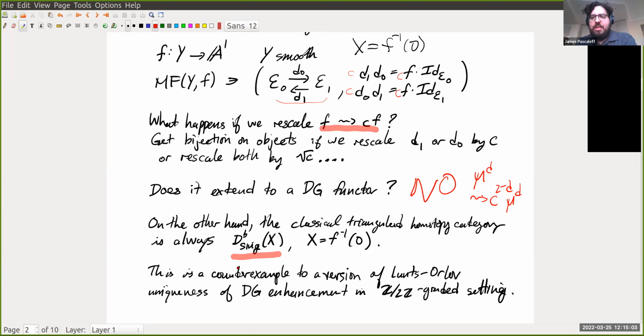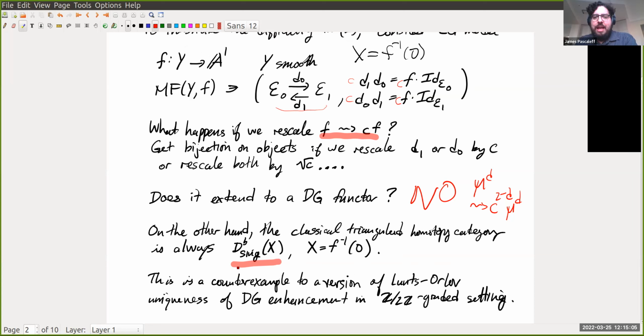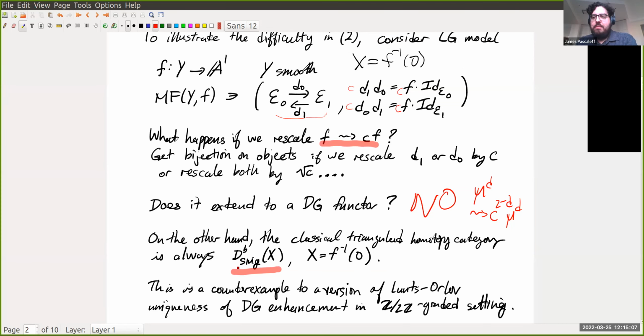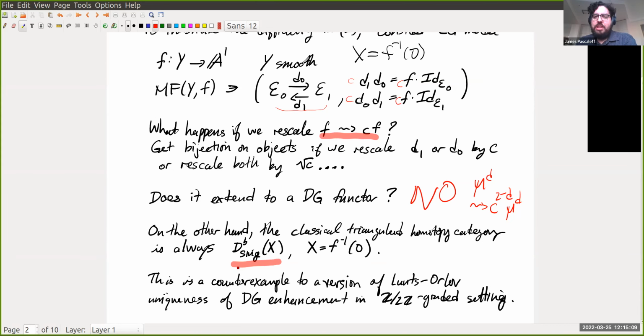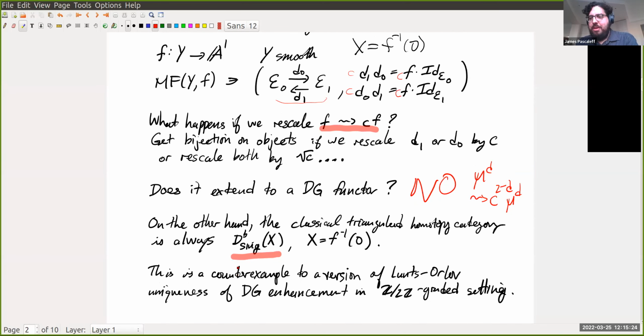Okay, so that's a little bit strange. But then you can say, well, it doesn't really change things that much. We'll see that this rescaling actually has a pretty significant effect when you start gluing. Okay, maybe I'll get to that.